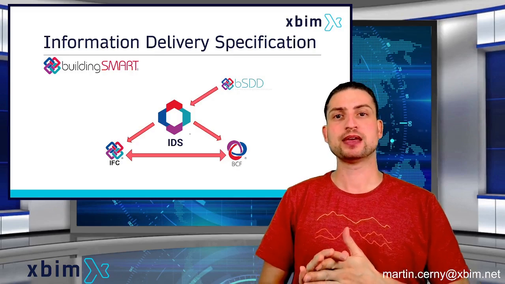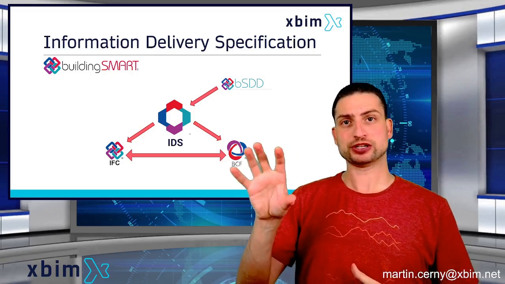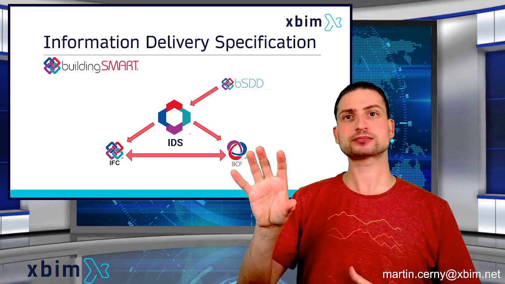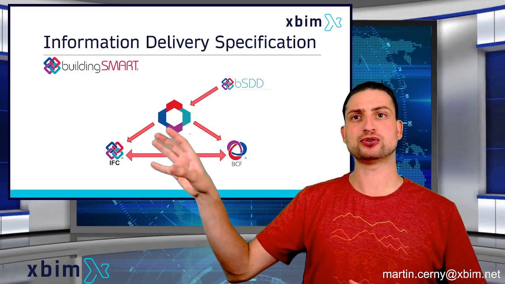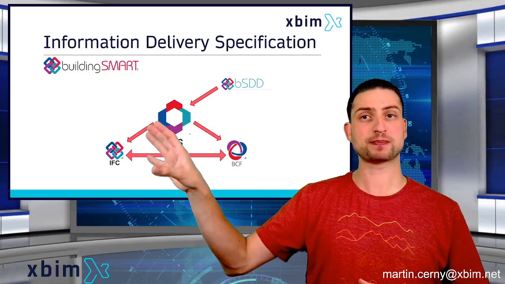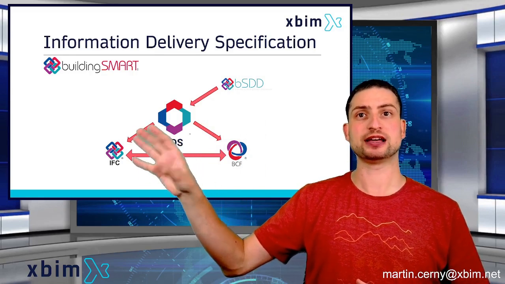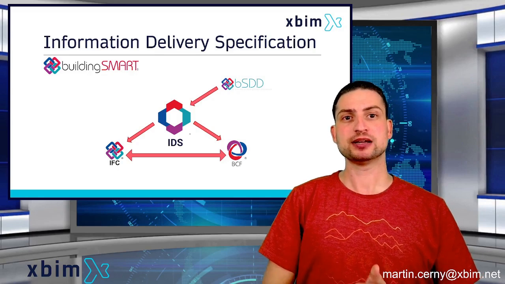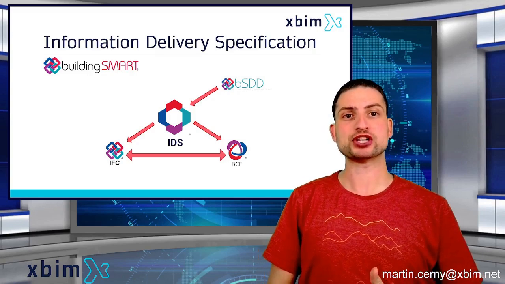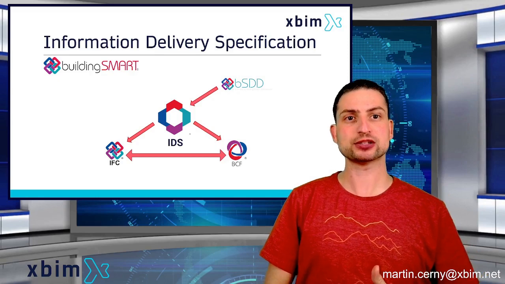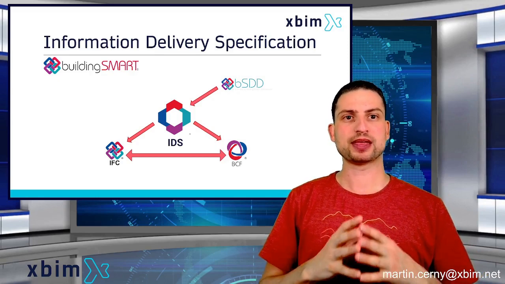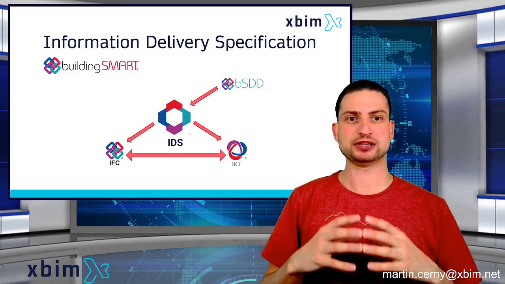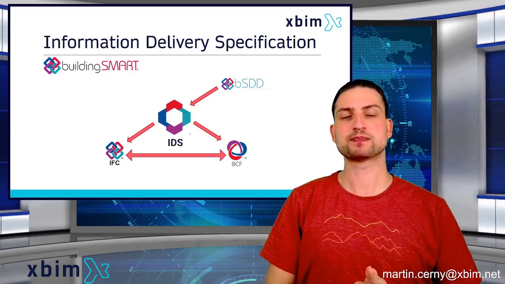When IDS is used to actually capture the information requirements, it should be used to inform the content of BIM models. That is where IFC gets in play. It stands for Industry Foundation Classes. It is an ISO standard used to describe buildings, to capture the data about the buildings themselves.